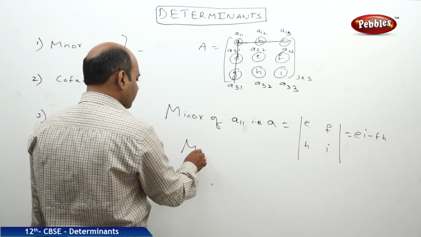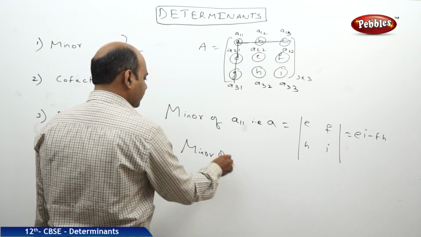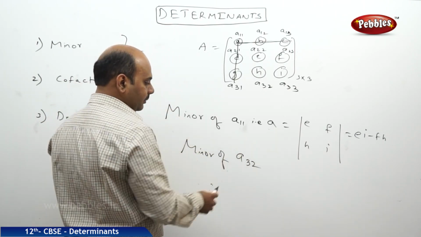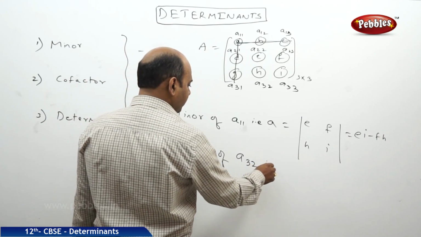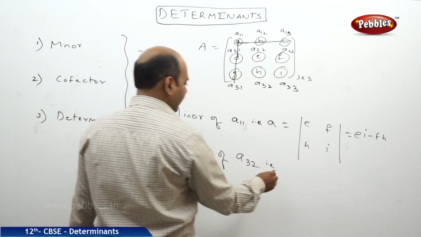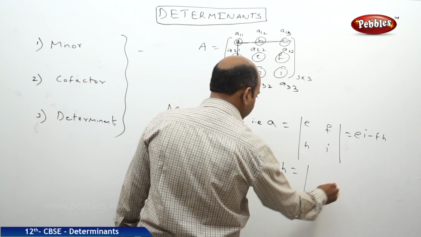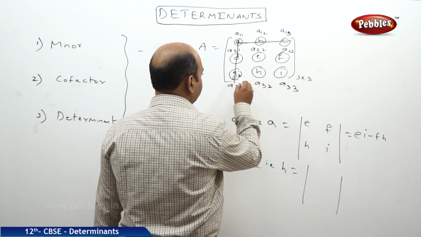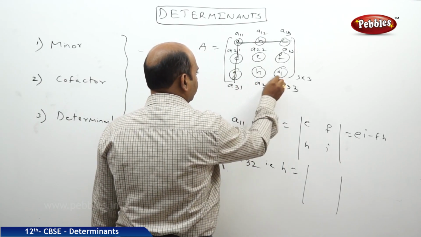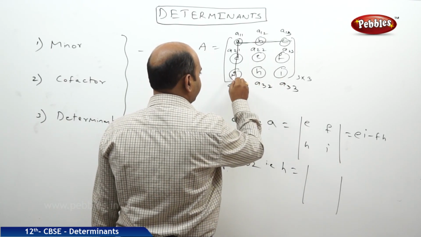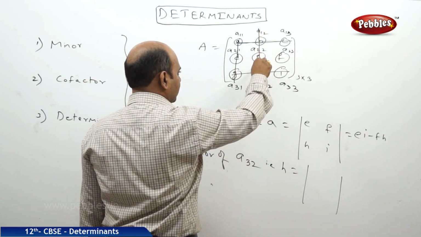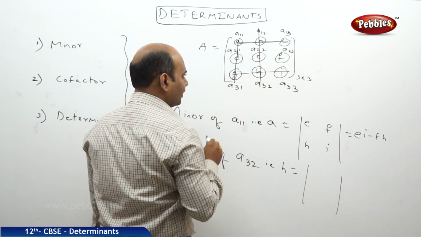Another example we will take. Suppose I want to find the minor of a32. That means, what element is in the position a32? a32 means h. I want to find the minor of h. Finding the minor of h, what should I do? I need to delete the corresponding row and corresponding column associated with this h.